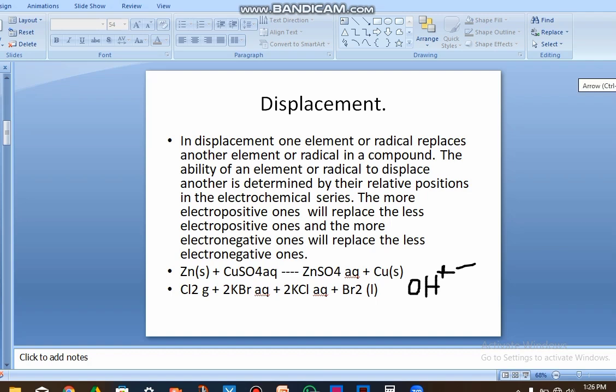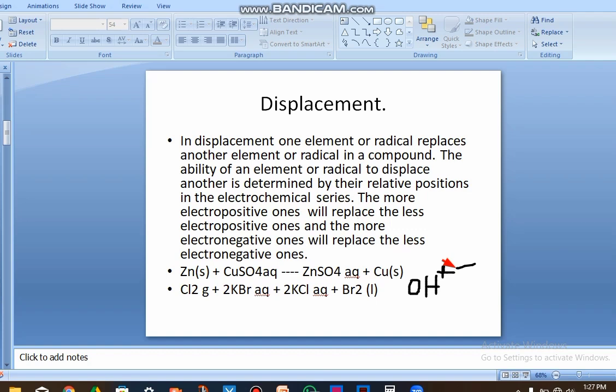Let's read it. The ability of an element or a radical to displace or replace another is determined by the relative positions in the electrochemical series. Let me explain this.